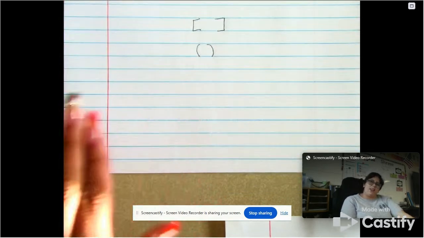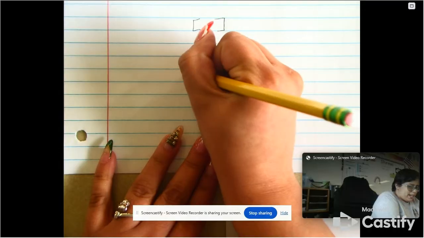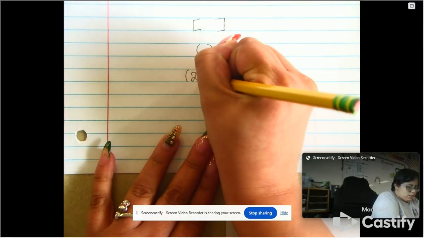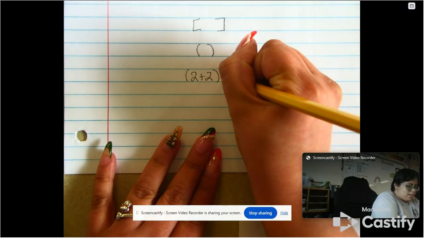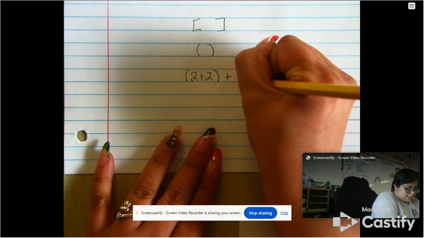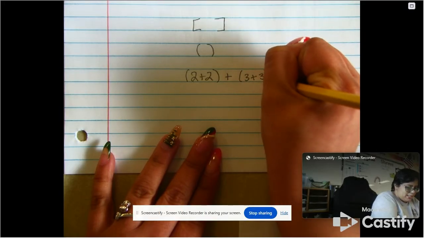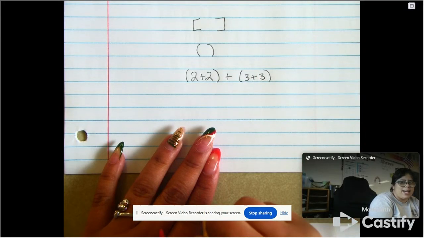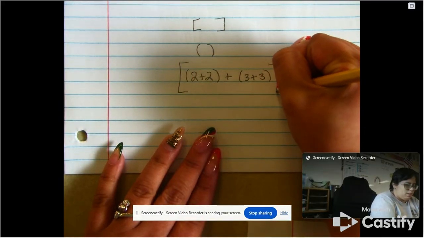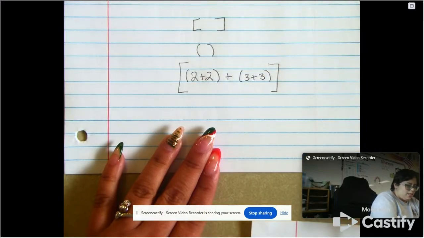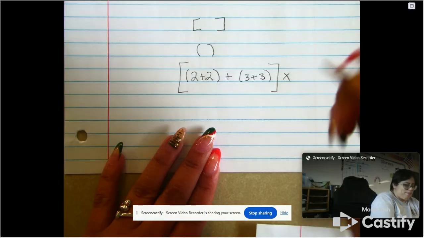So in an equation that has something like, let's say we had a parenthesis of 2 plus 2, and then plus 3 plus 3, and then we had to multiply that by 3.